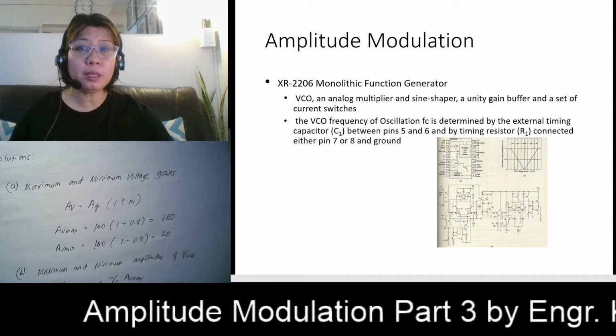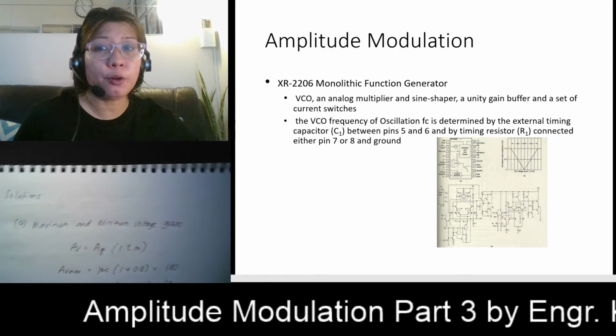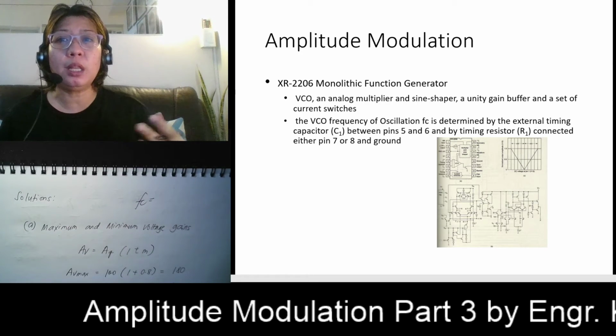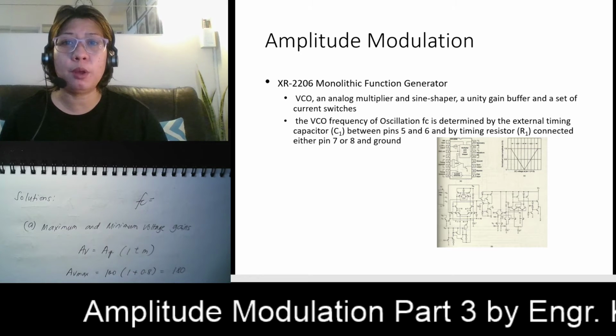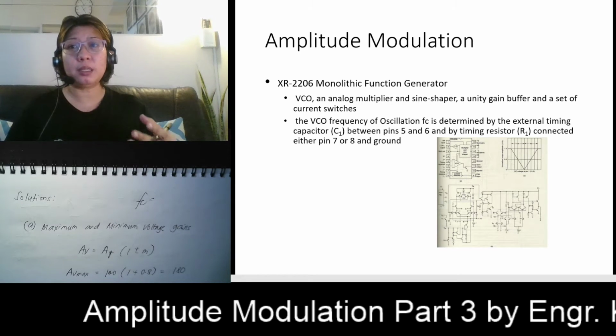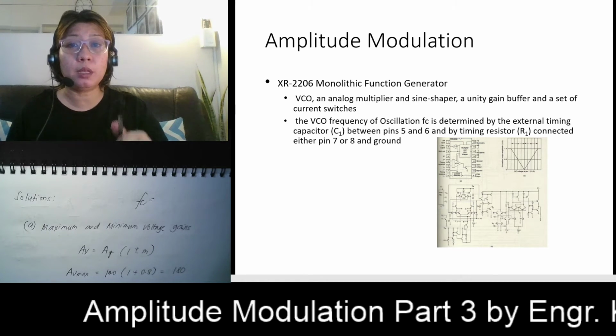So the frequency of your carrier is being determined by the external components of your monolithic function generator. So it is not fixed. As the user or the designer, you can dictate what carrier frequency you want, and it will depend on the values of C1 and R1 that you make use of.